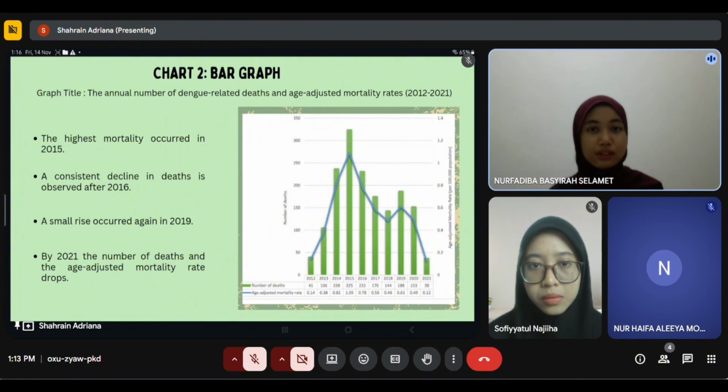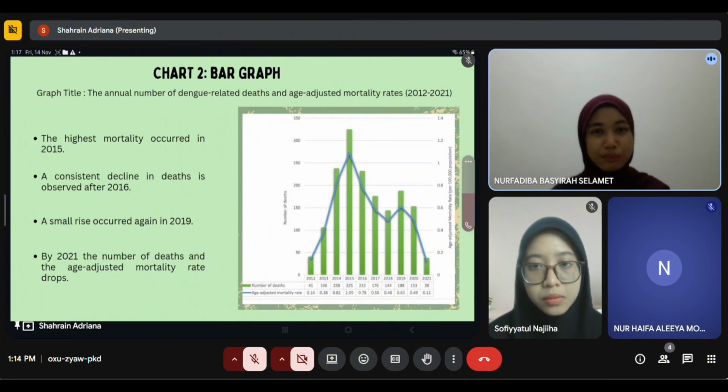And lastly, in 2021, the dengue mortality dropped to its lowest point with 38 deaths, and it was recorded nationwide, likely due to effective health campaigns and less exposure during the COVID-19 movement restrictions.